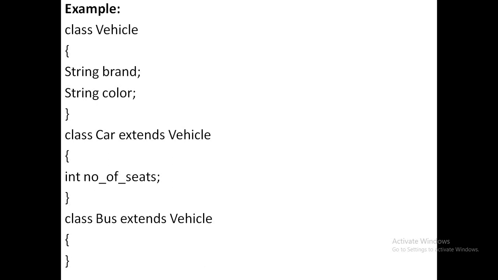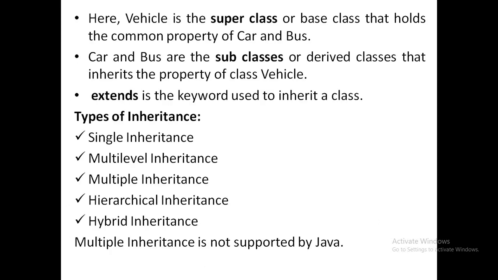In the same way, we also have a subclass Bus which is also extending the same base class Vehicle. So here Vehicle is a superclass or base class that holds the common properties of Car and Bus, and Car and Bus are the subclasses or derived classes that inherit the properties of the Vehicle class in addition to their own properties. Extends is the keyword used here to inherit a class.